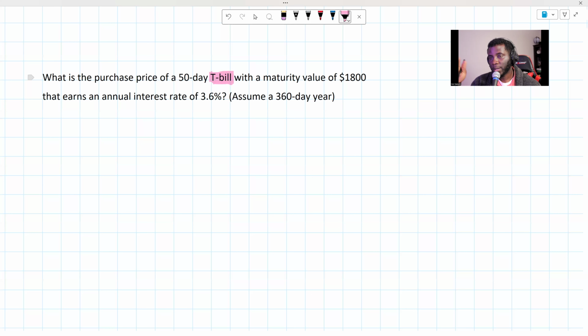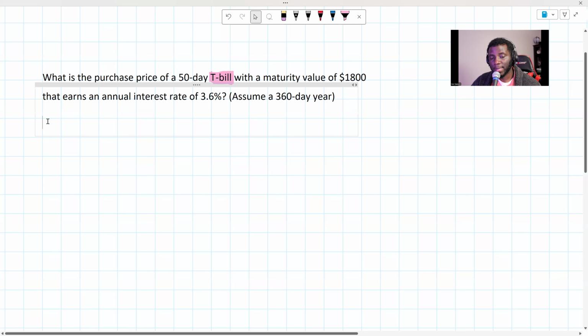So to determine the purchase price of a T bill, we'll essentially use a modified simple interest formula. The best one I've seen so far comes from the government website itself, and it is this one.